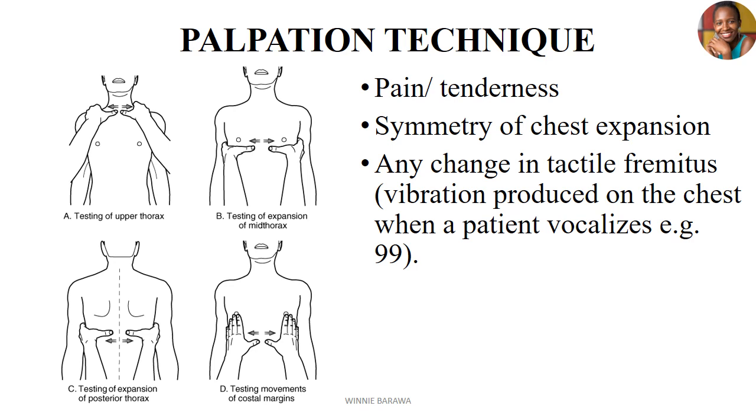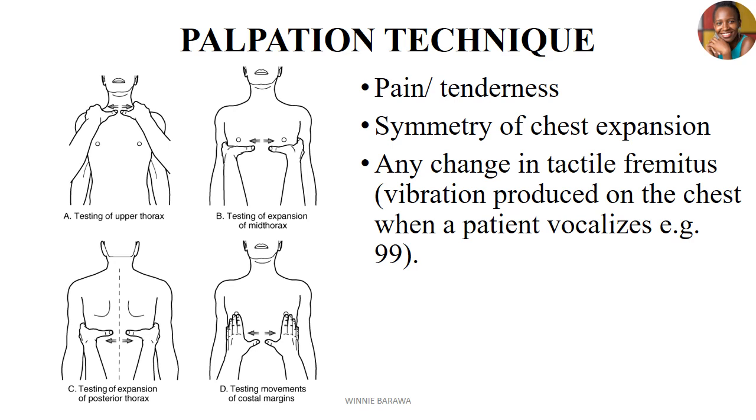And then the other thing palpation will do is help you confirm your chest symmetries. That is, you can confirm properly that the chest is expanding and relaxing at the same time, or is relaxing at the same levels. And in other areas, you can use palpation to check any changes in tactile parameters.